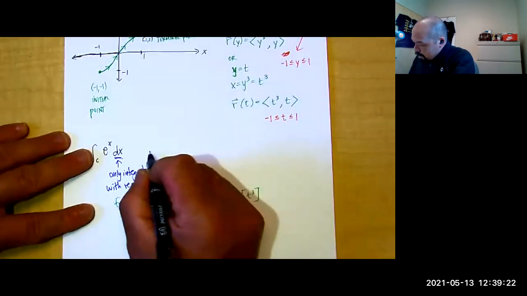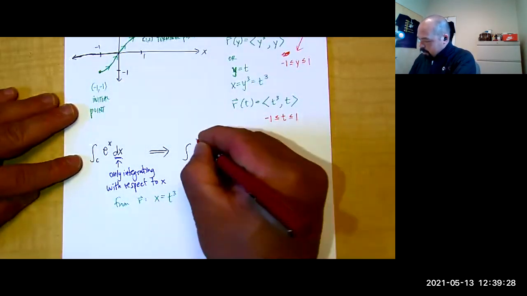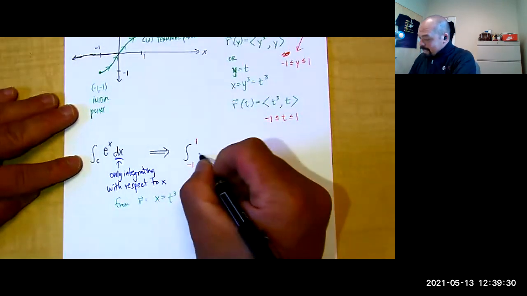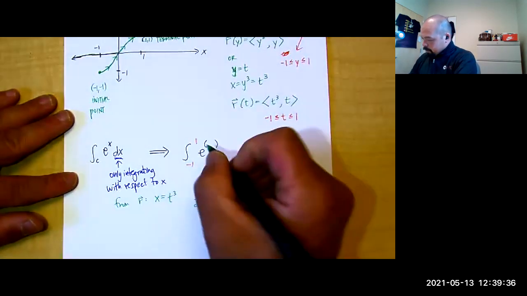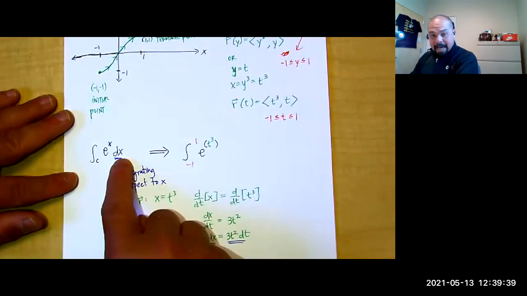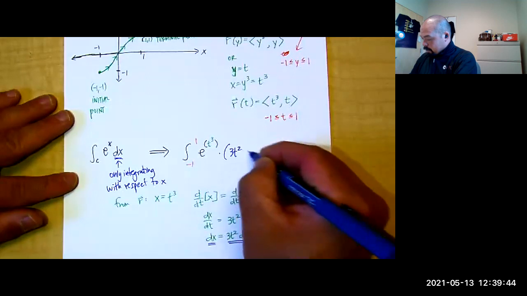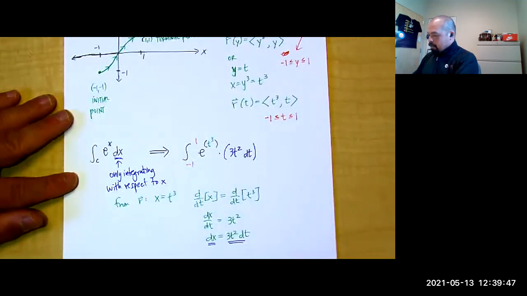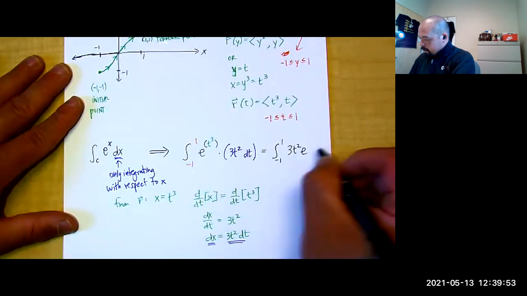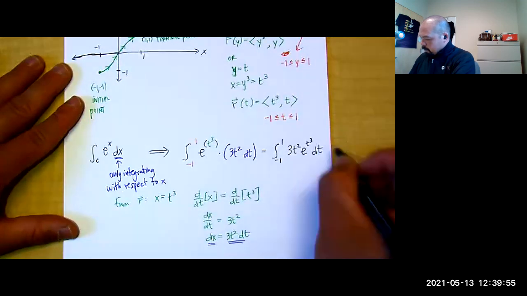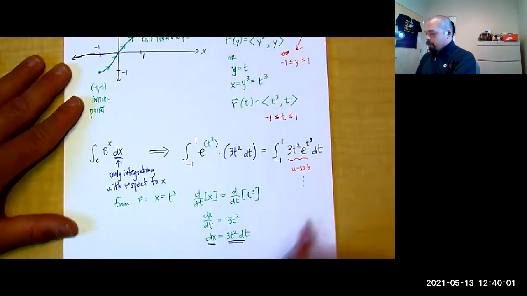So this becomes this integral from -1 to 1, e to the x, but the x was t cubed. Dx became 3t squared dt, right? And in this case, this is something kind of nice because that's just a u sub for our integration, okay?